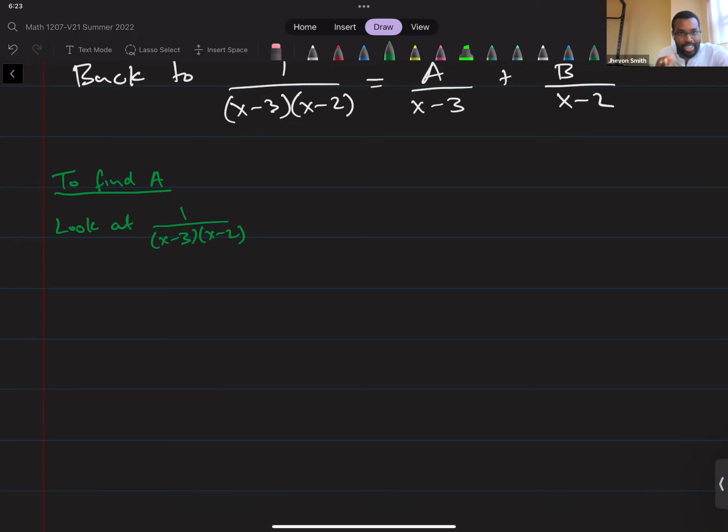You're going to look at the original fraction, and you are going to cover up, literally with your finger, the factor in A's denominator.